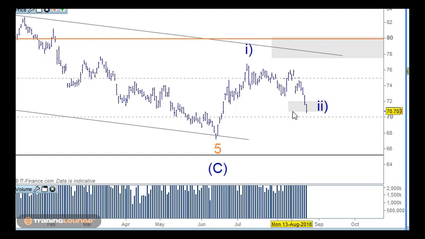It wasn't quite at the 61.8% mark, but we had a very clear corrective pattern here, and that corrective pattern is still there. So the 61.8% here, we can now look at this as an A wave and a B wave and a C wave to here, but we wouldn't want to see CBA with resistance at 70.